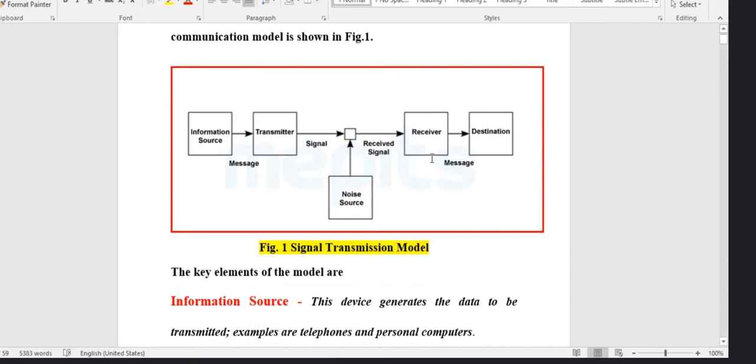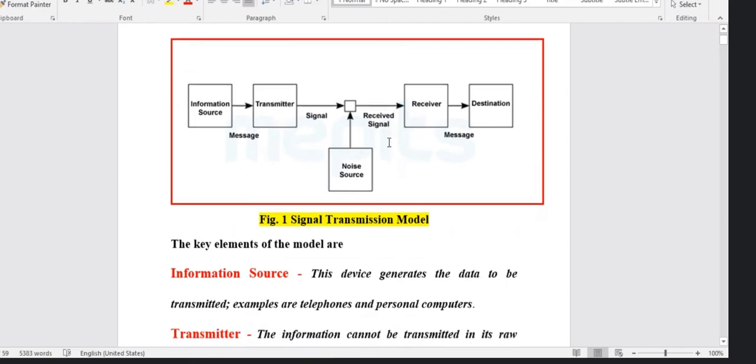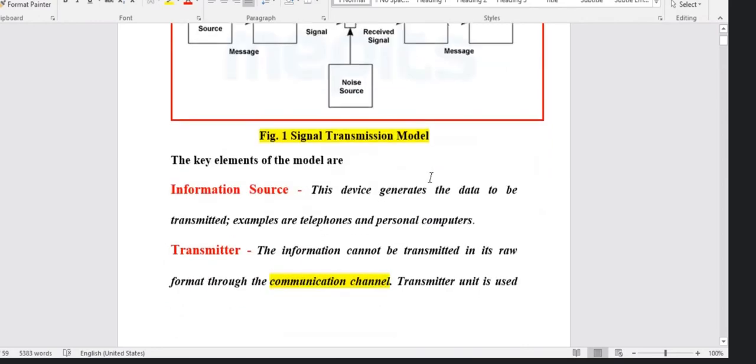This is known as bit error, and this type of error occurs in digital transmission. And in analog transmission, the signal strength, that means the amplitude of the signal, will decrease. Now let's go to that.